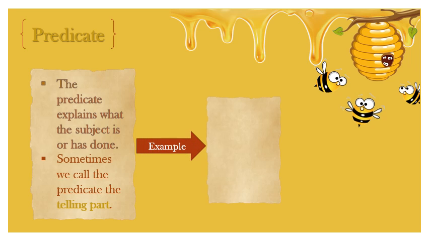Example. Let's take an example. The player missed the sports period last week. The same example. We agreed that the player is the subject. But where is the predicate? Ask yourself, what about the player? What must I know about the player? Missed the sports period last week. So the sentence is telling me that the player missed the sports period last week.